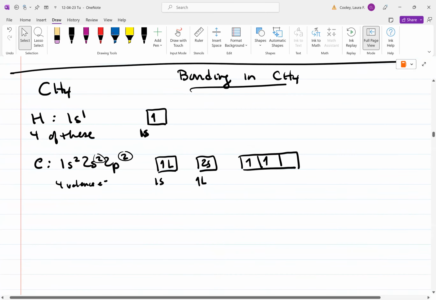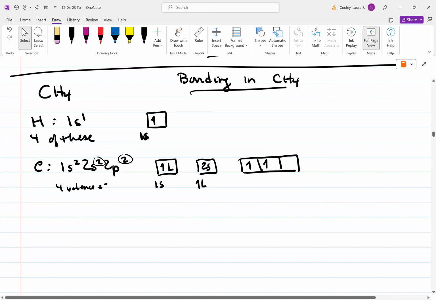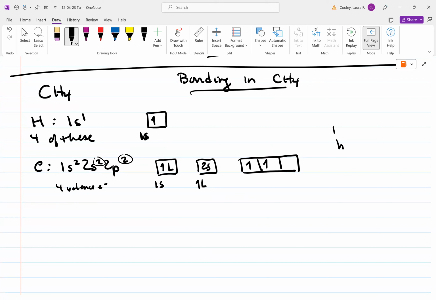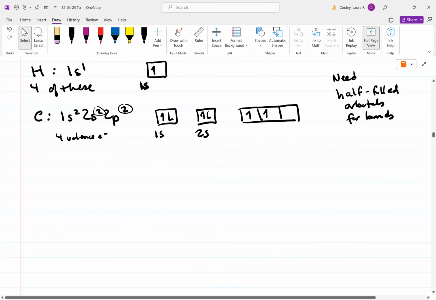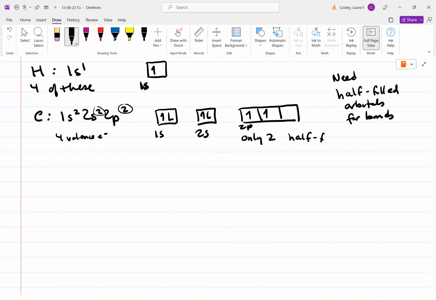Remember, if we go back to the guidelines, we need to have half-filled orbitals in order to form bonds. And if you look at this configuration of carbon, you notice that there are only two half-filled orbitals.